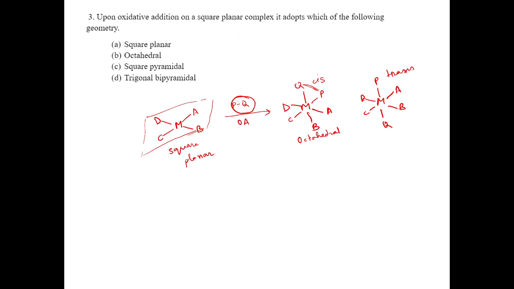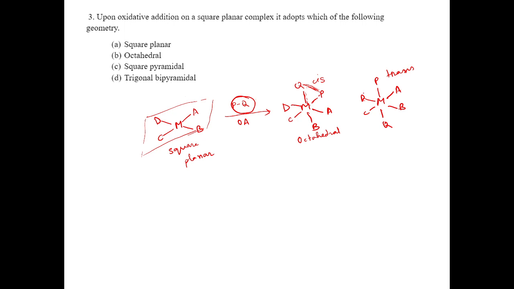Mostly the cis type happens when it is a concerted mechanism, where the PQ bond forms a transition state like this, and eventually this bond breaks and these two bonds form.